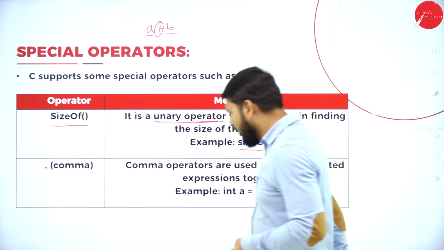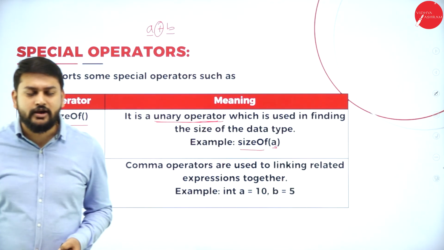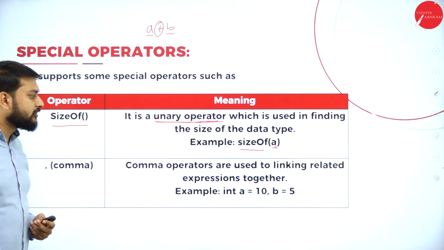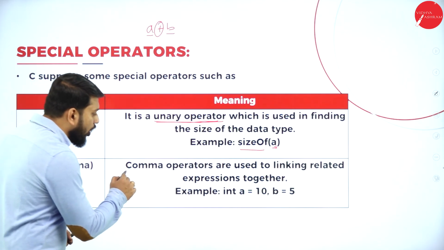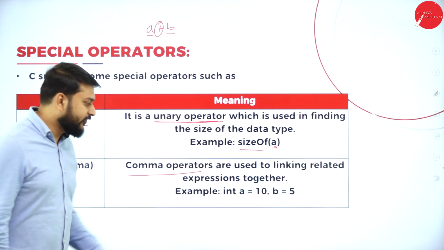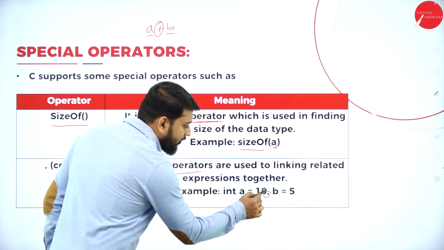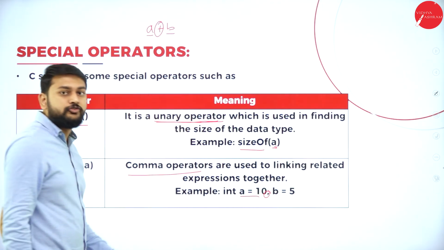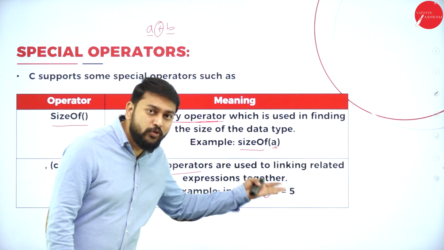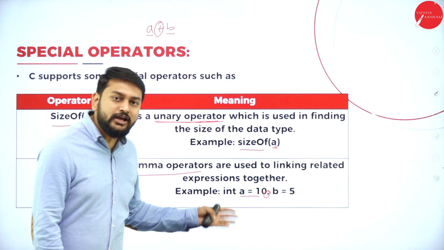Then I have the comma operator. So please understand, to separate one object from another object, I will be using the comma separator. Comma operators are used to link related expressions together. Say for example, I have a comma here. What am I trying to do? I have one variable here and then after that I have one more variable of the same type, but I need to separate it.